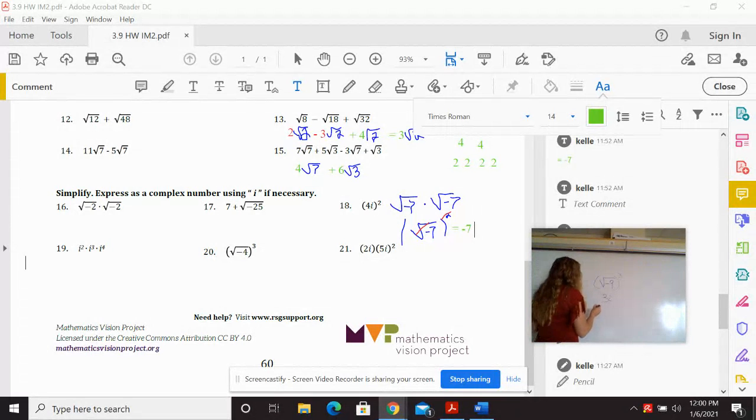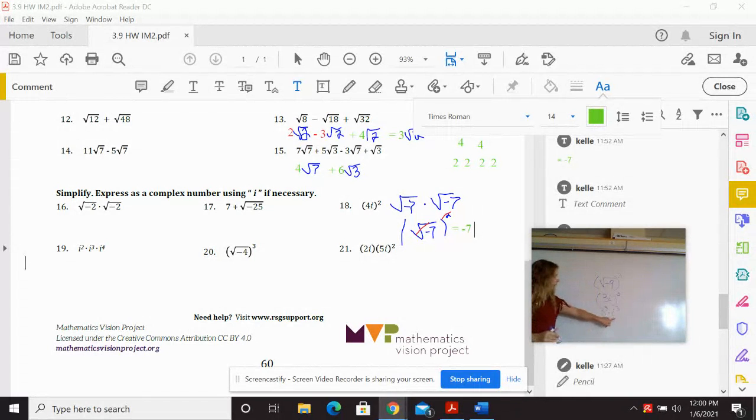And then that is cubed. So this is 3 cubed times i cubed. 3 cubed is 3 times 3 is 9 times 3 is 27.